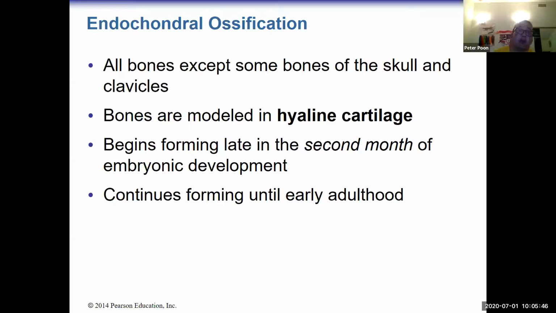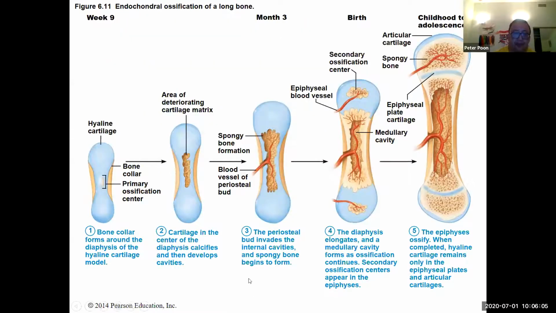The more important type of ossification is endochondral ossification. All bones, except some bones in the skull and clavicles, are modeled on hyaline cartilage. So here is ossification one.